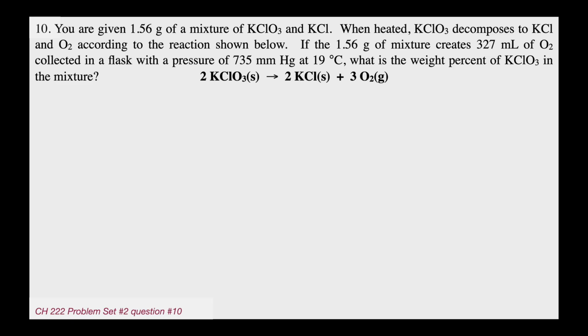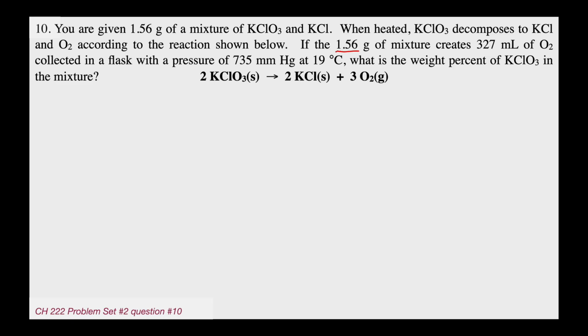Now in this problem, we're going to solve for the moles of O2 because moles n equals PV over RT. If we put all of those units in the right values, we can then solve for moles of oxygen. We'll use a 2/3 ratio to convert moles of O2 to moles of KClO3. And finally, we'll multiply that by the molar mass of KClO3 to get the grams of the good stuff, the grams of the pure KClO3.